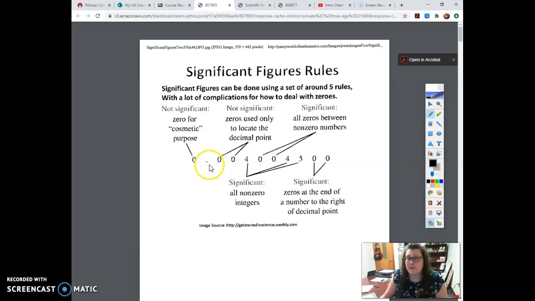Zeros at the end of a number that's a decimal, always significant. Zeros between a decimal and a non-zero number, not significant when it's to the right here. And then one single 0 to the left of the decimal is also not significant.